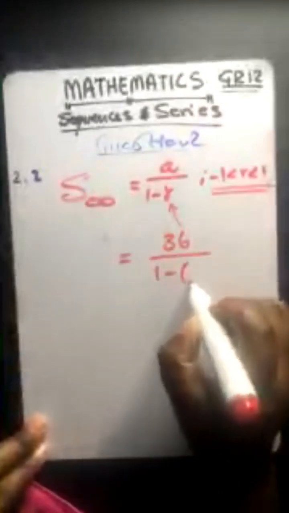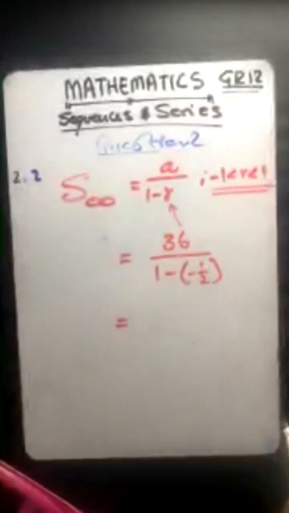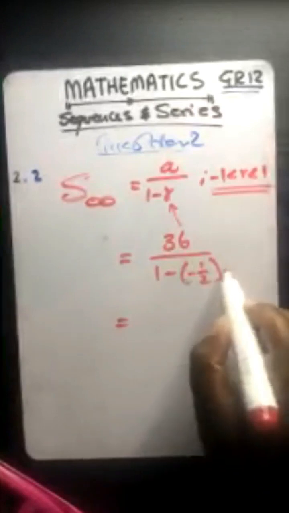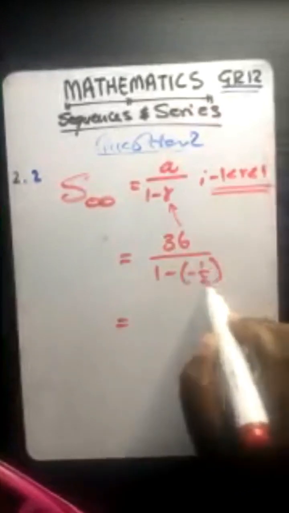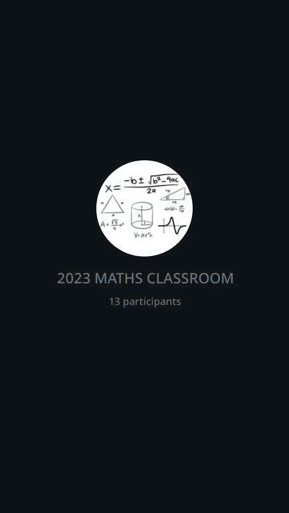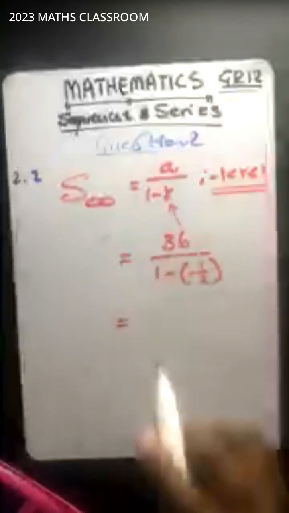Was it 36? Someone confirm. It was 36. So, yes. You need to be careful to substitute your R inside the brackets because it's a negative number. Otherwise, someone is going to say 1 minus that, and you get the wrong answer. So what is the answer there? The sum to infinity. What is the answer there?